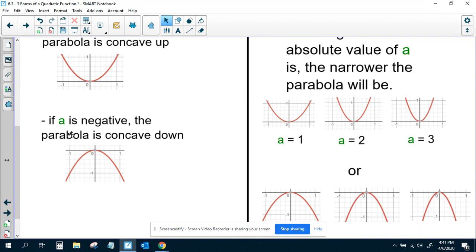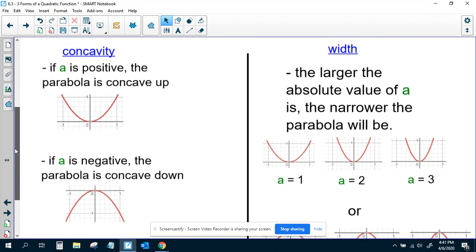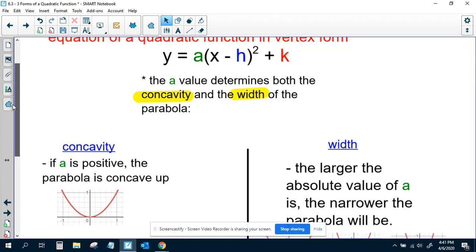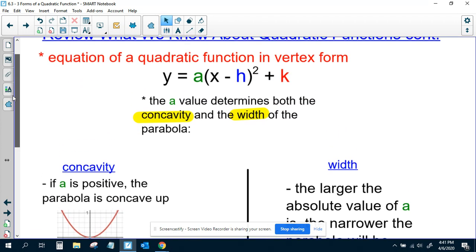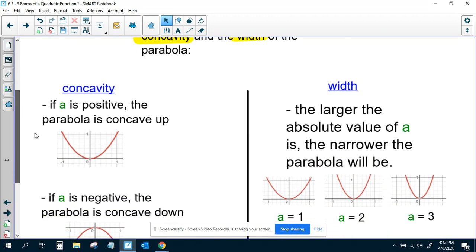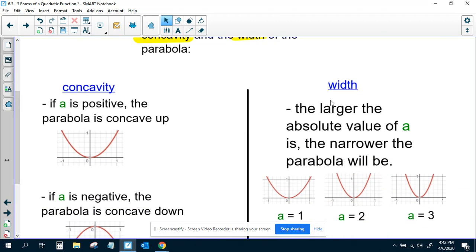But if a is negative, the parabola is going to be concave down. So whether a is positive or negative determines concavity. As far as the width, our a value is going to determine how wide or how narrow the parabola will be. The larger the absolute value of a is, the narrower the parabola will be.